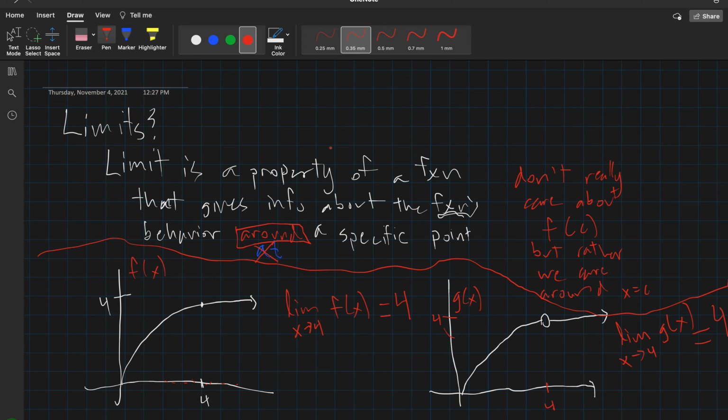So now another example. Well, I would say a good question to ask next would be why are these limits the same despite 4 not being in the domain of one of the functions? And so now we're going to go into what exactly and when does a limit exist.